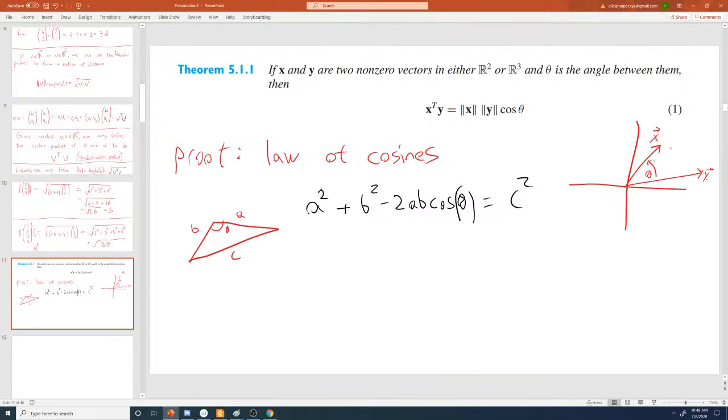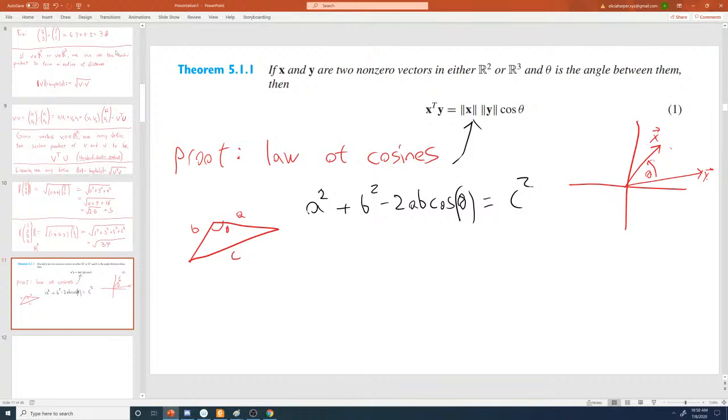If you've not seen this formula before, it generalizes the Pythagorean theorem. The Pythagorean theorem is in fact a special case of this, where you take theta here to be 90 degrees. And so we're going to use the law of cosines to prove this relation.